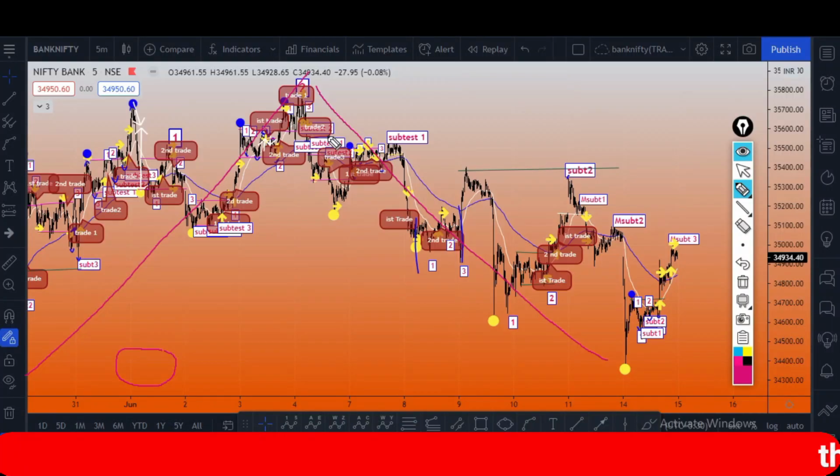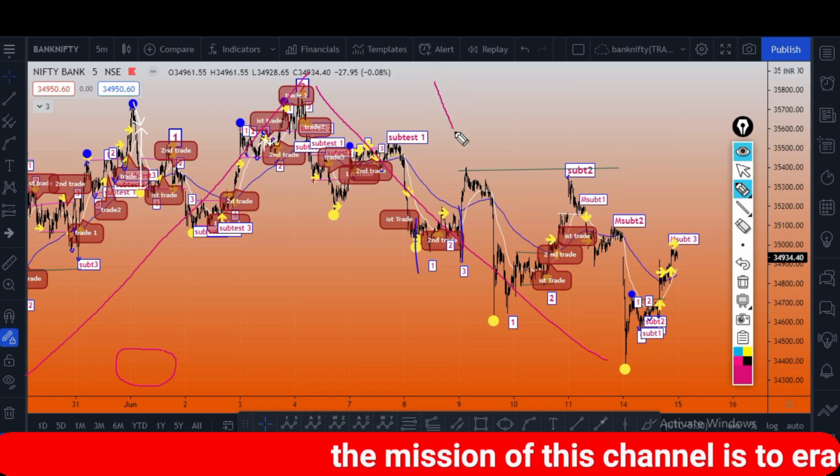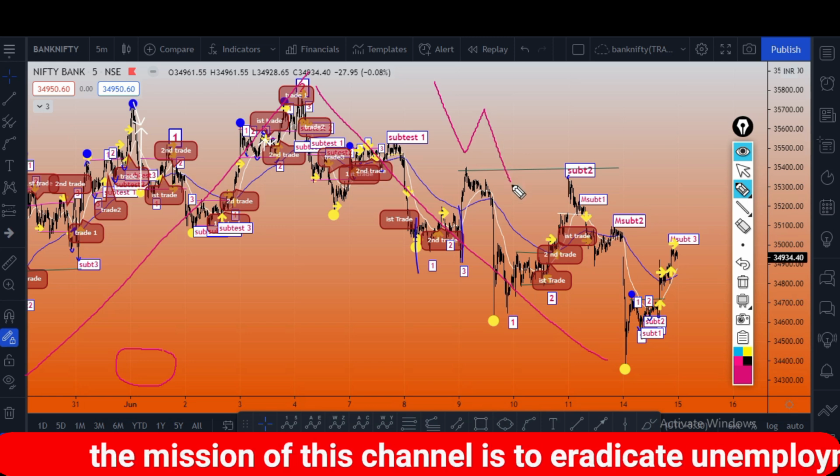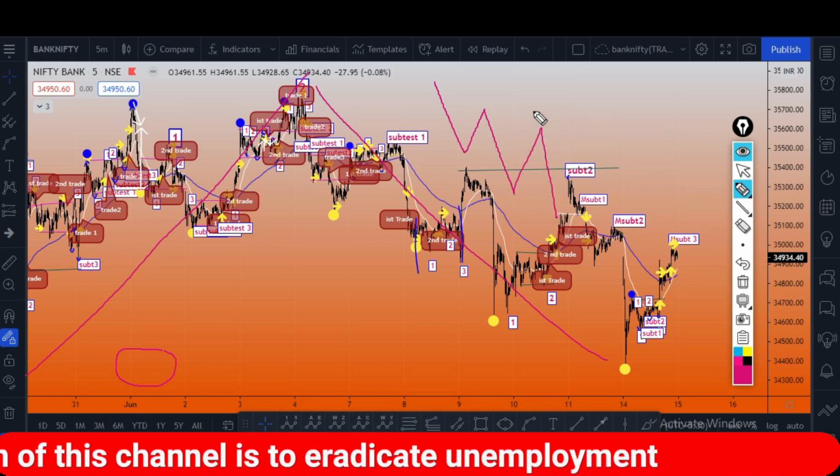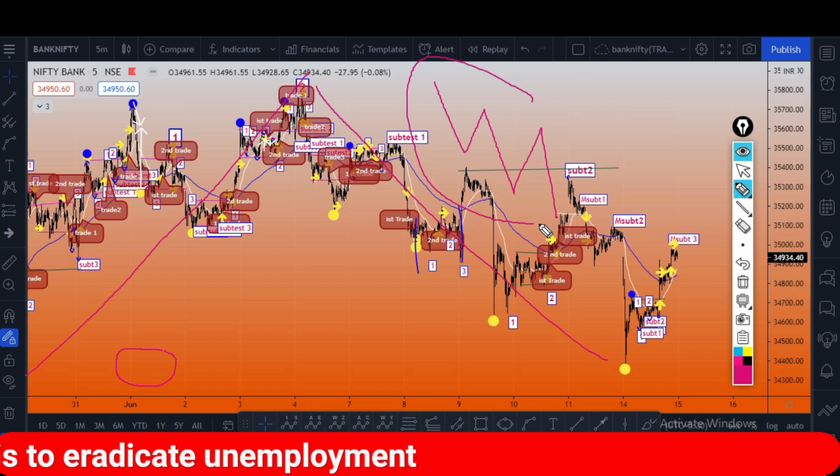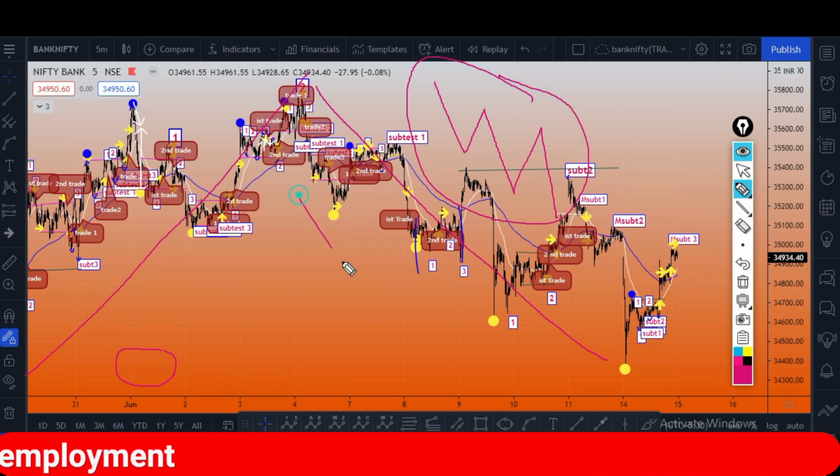It means when we are in the counter trend, we will get this formation, first testing, and this is second testing. It means when this cycle completes, then this downfall will complete.